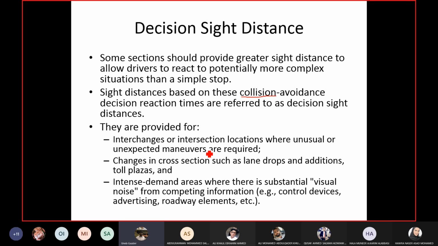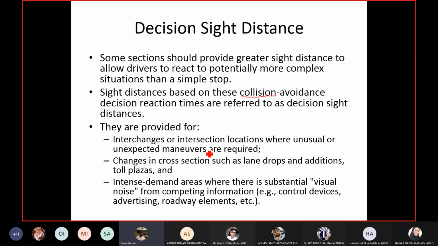This is unexpected, and it can happen at interchanges as well when you are going towards the ramp. If the driver in front of you or in the other lane is doing one of these things and you don't do anything about it, you will get into an accident. So at those locations, we must provide more sight distance, decision sight distance.